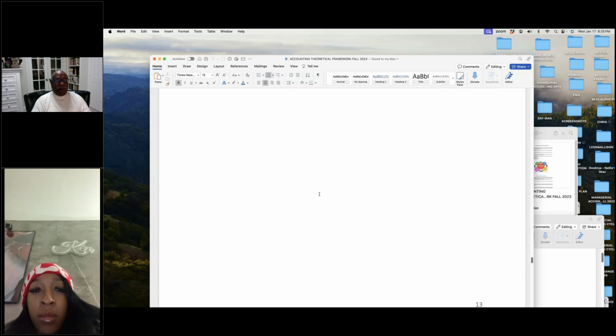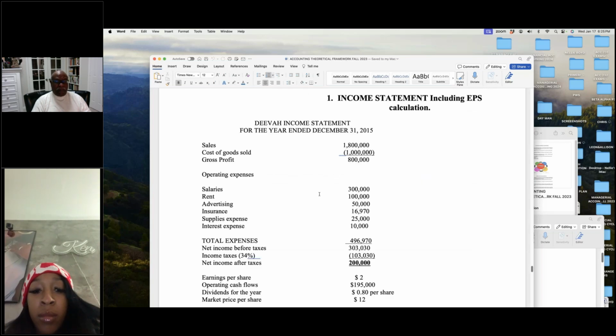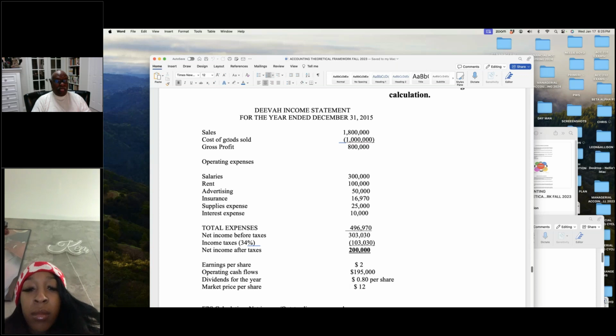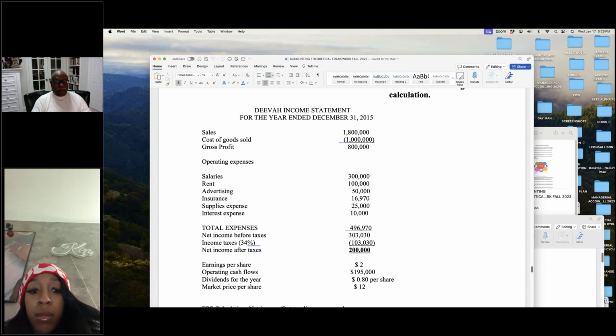Here's an income statement: revenues less expenses. You should have learned how to prepare the sales, less cost of goods sold, gross profit, less operating expenses, net income before taxes, net income after taxes.